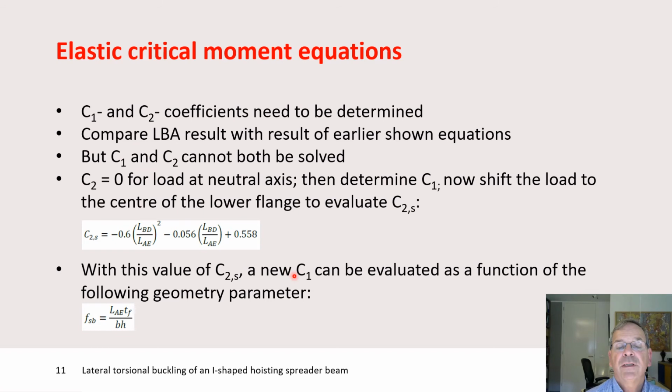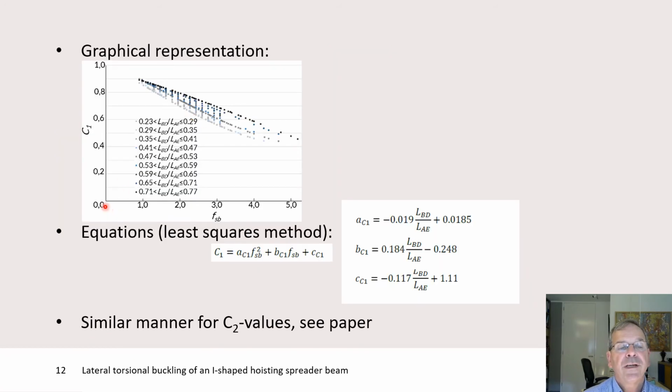With this starting value, we can now evaluate new C1 values, and we did that as a function of a geometry parameter we introduced, which is FSB, which you see here on the horizontal axis. On the vertical axis, we back calculated C1 from our equations.